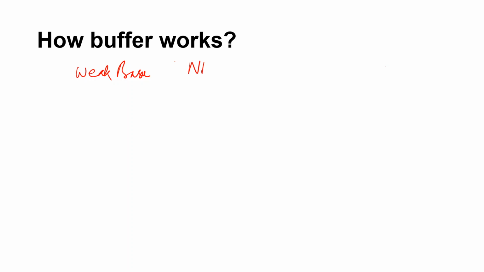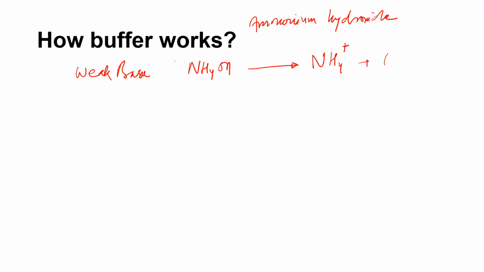ammonium hydroxide, that is NH4OH, and it will be dissociated. Since it is a weak base, it will only be partially dissociated into NH4 plus ammonium ion and hydroxyl ion, OH minus.